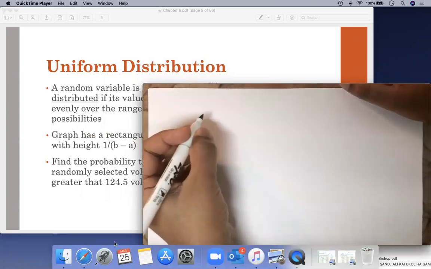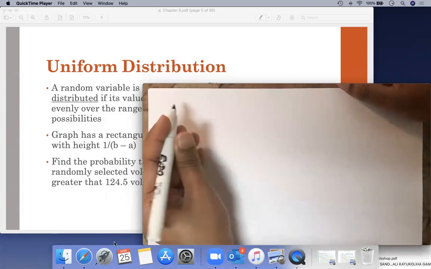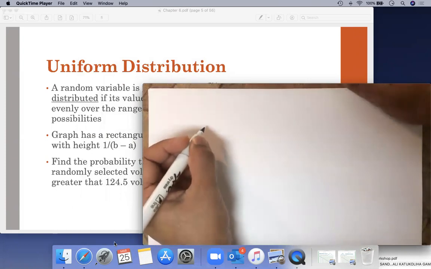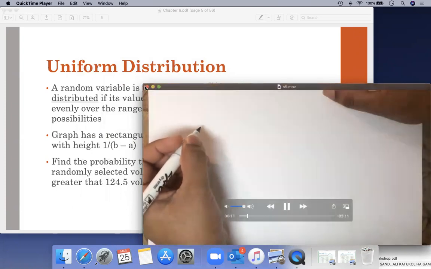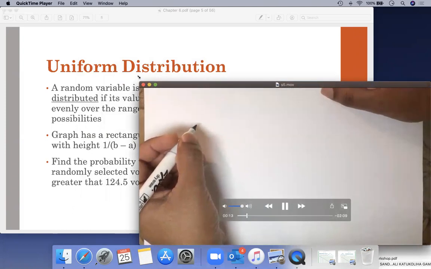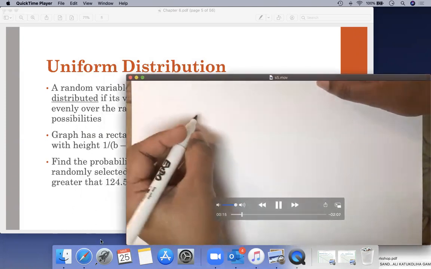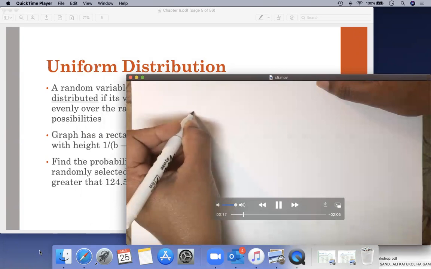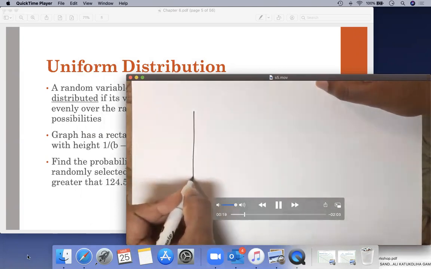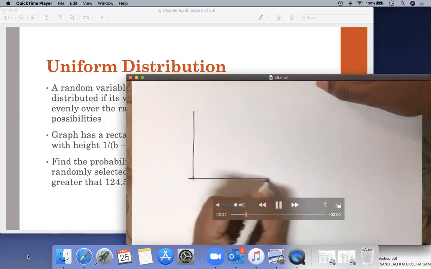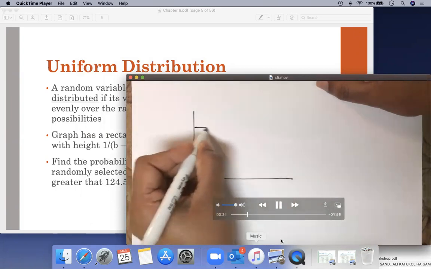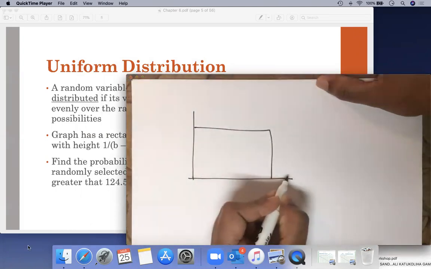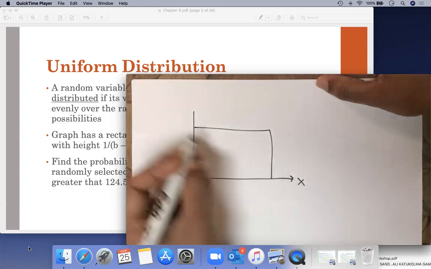Here you have to find the probability that a randomly selected voltage level is greater than 124.5 volts. Okay, first I will draw the graph. Here we have the x-axis.